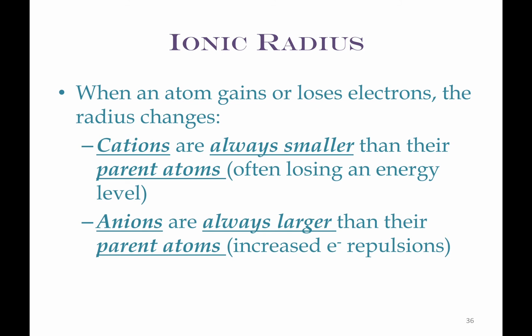Also, it's going to change, and I mentioned this a few slides ago, the size of the radius of the ion. So cations are always smaller than their parent atoms. They often lose a whole energy level. So if you remember with sodium, we got rid of that electron out here. We actually lost that entire energy level, and it should get smaller. And with anions, they're going to be putting more electron-electron repulsions in there, so they're going to be getting larger.